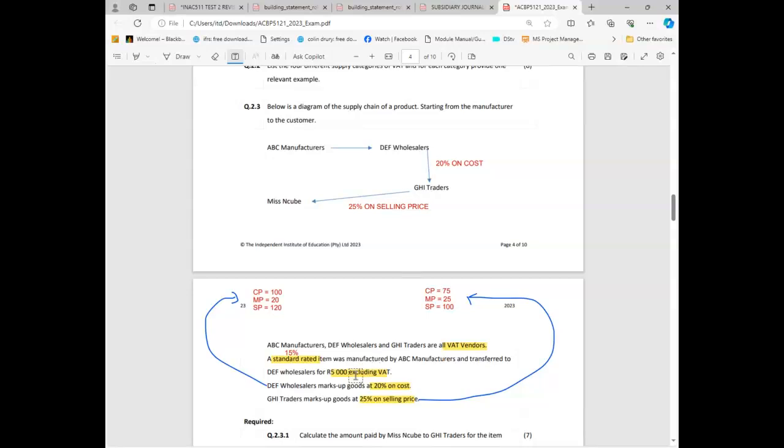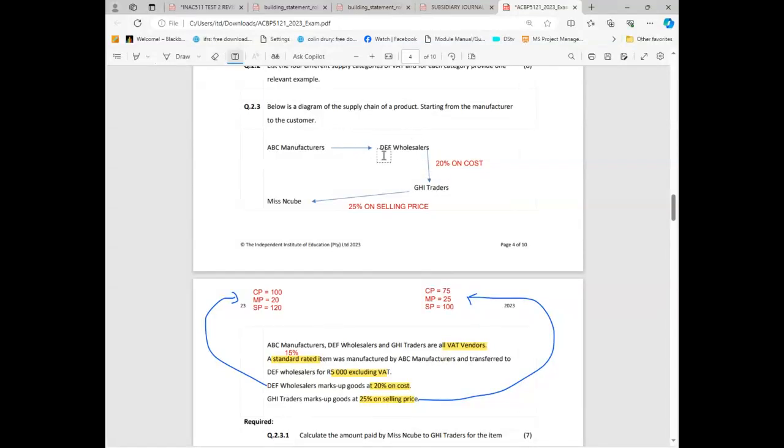First, we must make sure that DEF sold at a markup of 20%. So you must first mark up this 5,000 with 20%. This price of 5,000 is the price paid by DEF to ABC, but they are not asking for that.